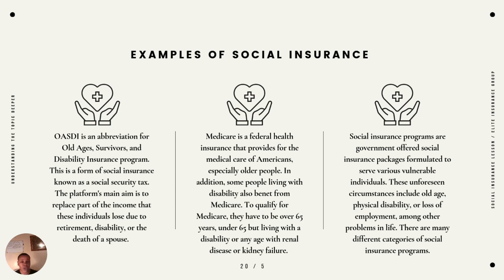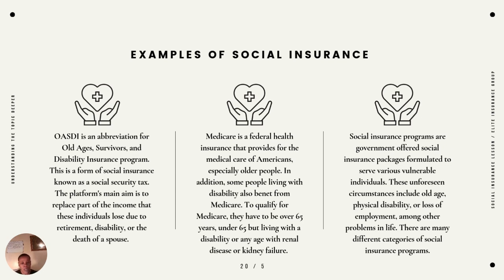Another example of social insurance is Medicare. Medicare is a federally funded insurance that provides for medical care of Americans, especially older people. Now, some younger people may qualify for Medicare as well, if they are living with some type of disability or any debilitating or terminal illnesses like renal disease or kidney failure, things of that nature.